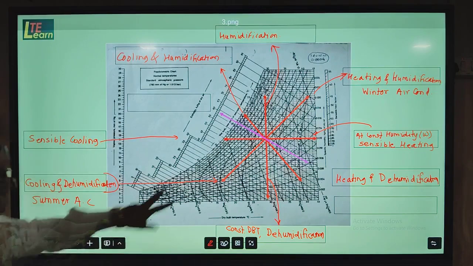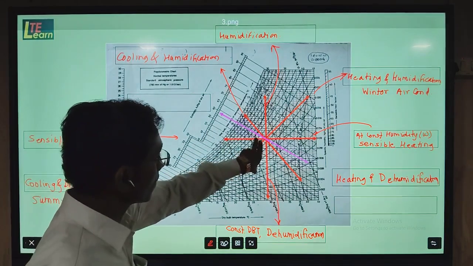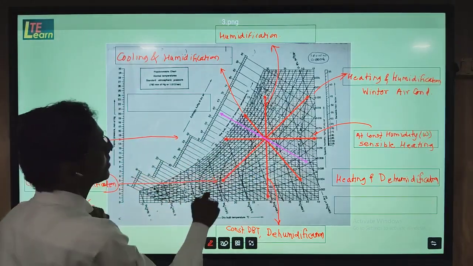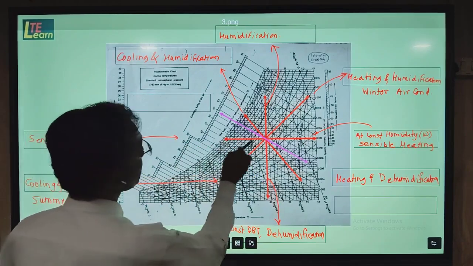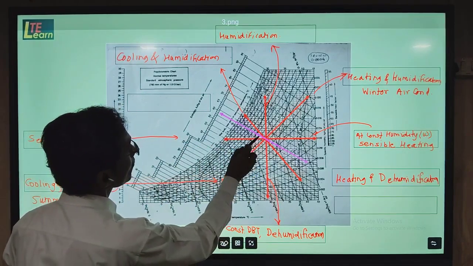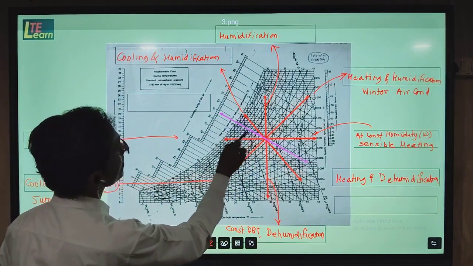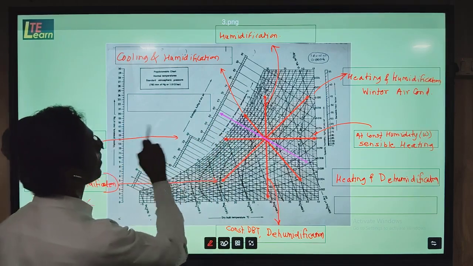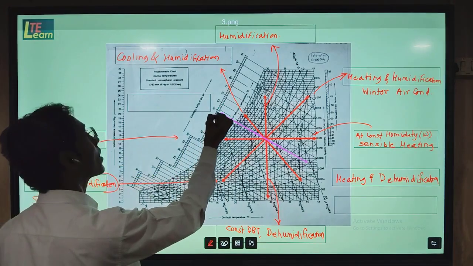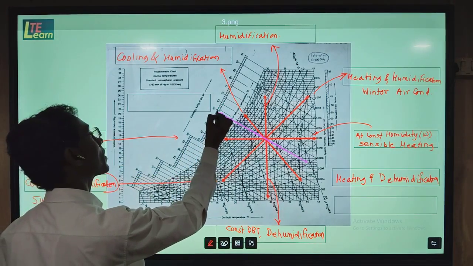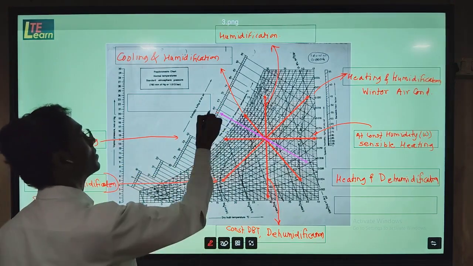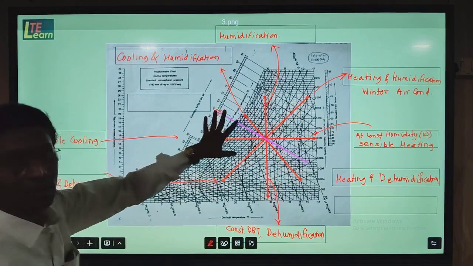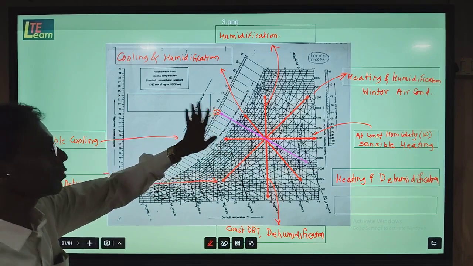Now the last 2 processes, which are shown with a different color here, what is the speciality of these processes? That we will discuss. See, if we follow the process in this fashion, in which there is no change in the enthalpy. Here the value is 59 kJ/kg at this point, as an example we are taking.